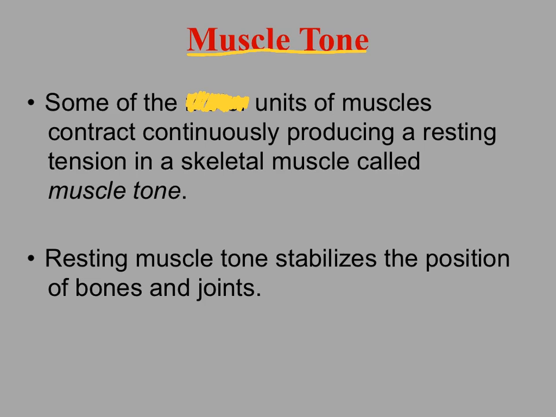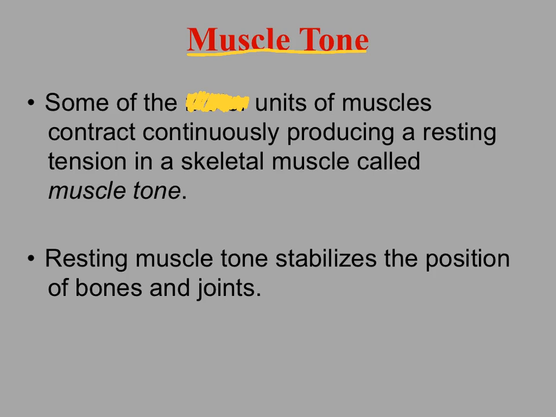Say, for instance, you're playing a sport, or you're looking at two different people playing a sport, one who has very good muscle tone and one who has very little muscle tone. If it's a contact sport, for instance, and some contact occurs between two individuals, or one of the individuals falls, there's going to be some impact on those joints.